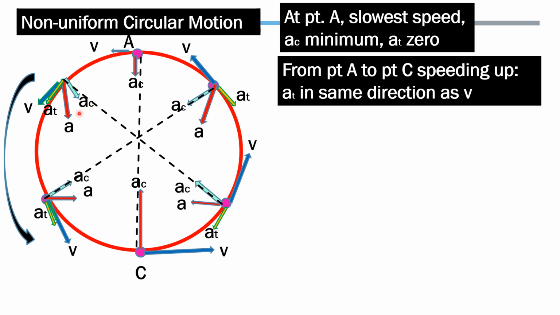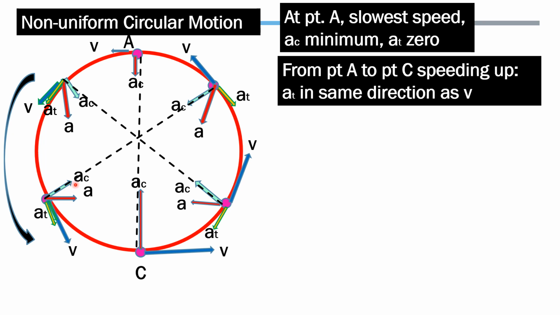That explains why the actual acceleration from point A to point C is not directed to the center, and that happens because of the way the tangential velocity changes. It is increasing, and therefore we have what we call tangential acceleration that is always tangent to that point.